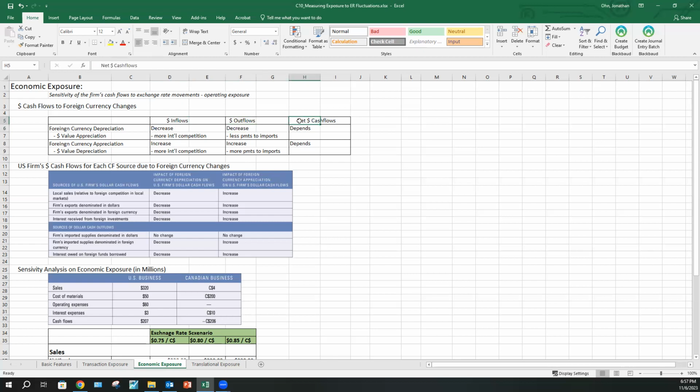What is the net cash flow? It depends. For example, in the United States we have a lot more import than export.